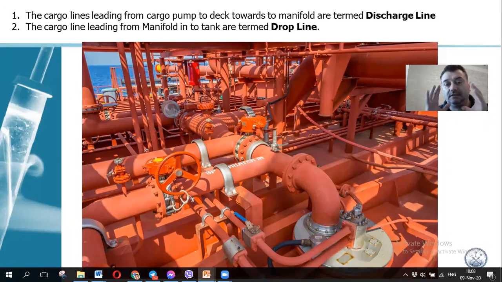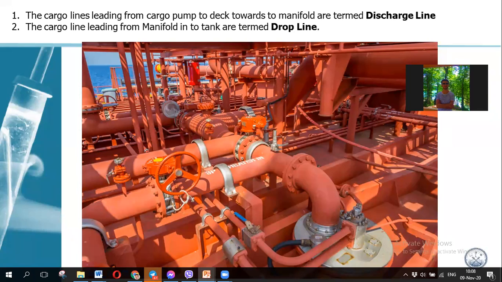So we have a tank on board. In this tank, we have a pump. When the pump is discharging the cargo, it is sending it to the cargo line, and this one we call the discharge line. So the pump discharges into the line.